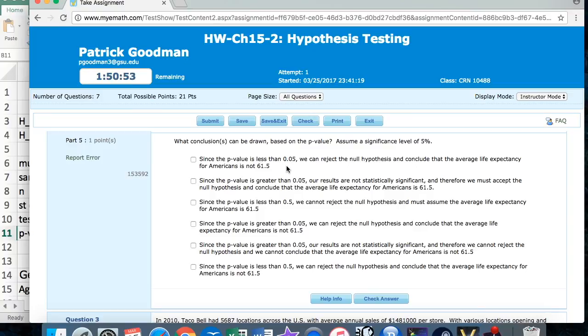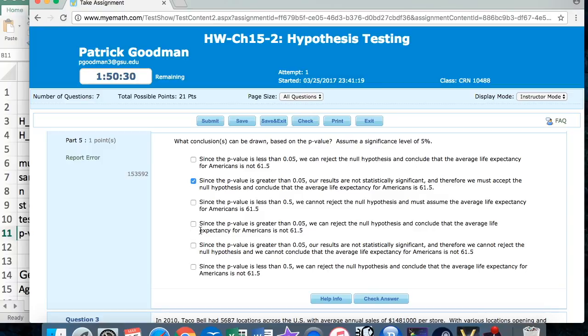This one says less than 0.05, so kill that answer right away. The p-value is greater than 0.05, our results are not statistically significant. Okay, I agree with that. And therefore, we must accept the null hypothesis and conclude that the average life expectancy for Americans is 61.5. Okay, that seems like the best answer right now.